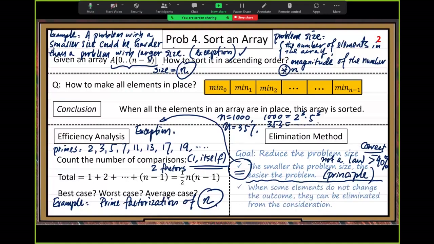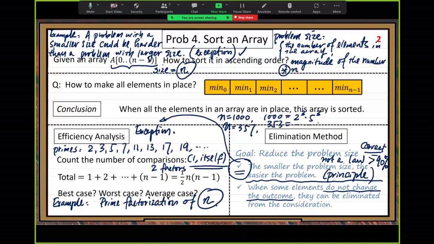Second one, when some elements do not change the outcome. That's about the details of the elimination method. If, based on the given information, after some analysis we find that some elements do not change the outcome, so if we remove those elements you still have the same outcome, then they can be eliminated from consideration.